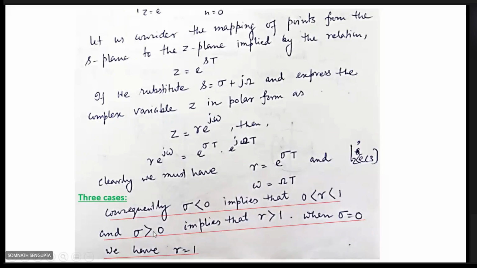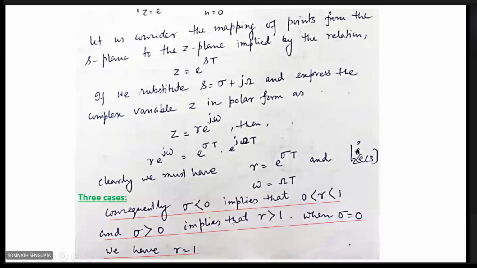Similarly, sigma greater than 0 means e to the power some positive value, which gives a radius greater than 1. And for sigma equal to 0, e to the power 0 gives r equal to 1.